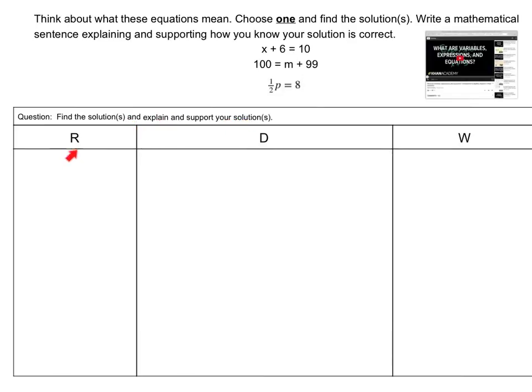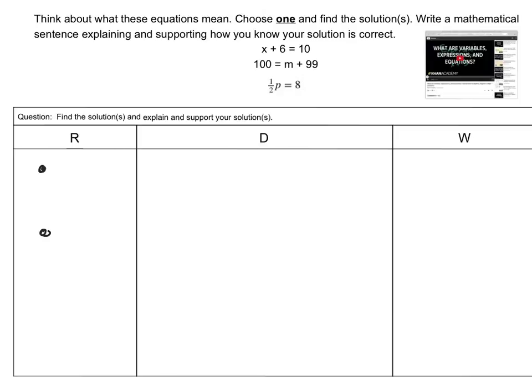So in the read, first of all, choose which equation you would like to solve. Do that now. Next, what is the problem asking you to do?